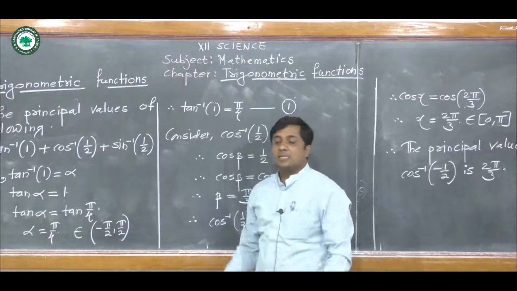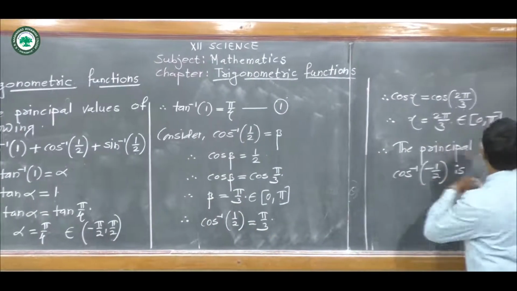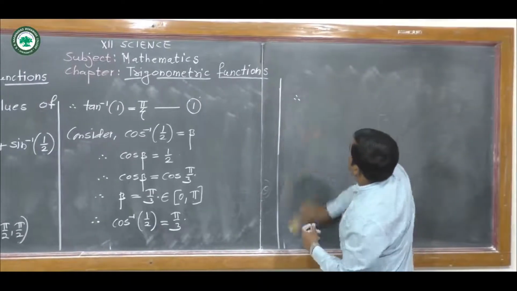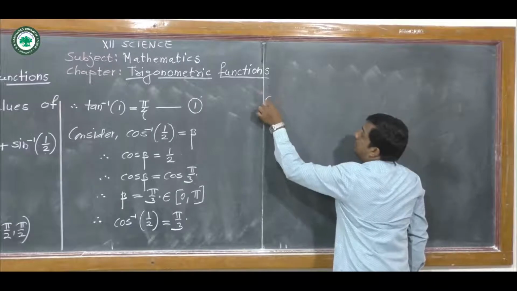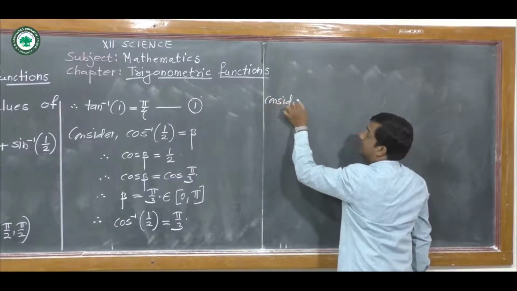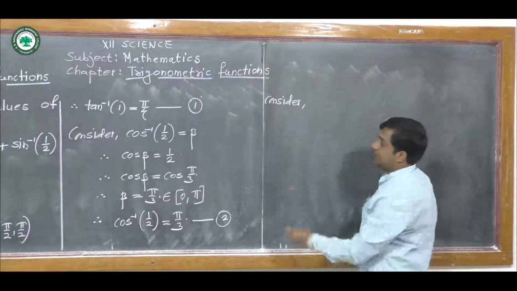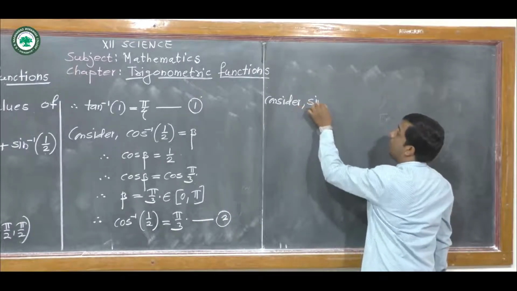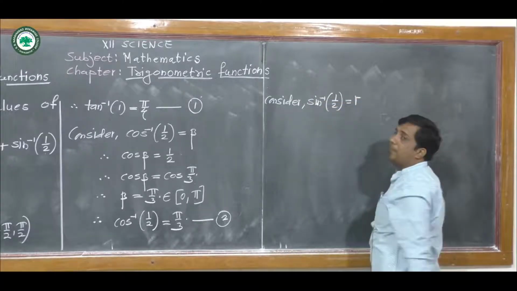Here in third given sine inverse of 1 upon 2. Let us consider this as 2 first. Consider here sine inverse of 1 upon 2 is equal to gamma.